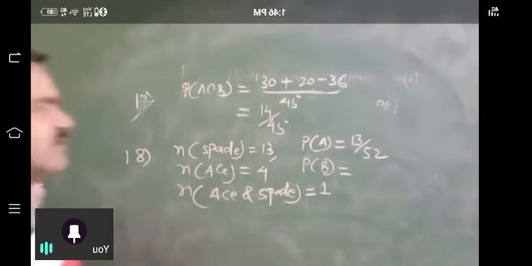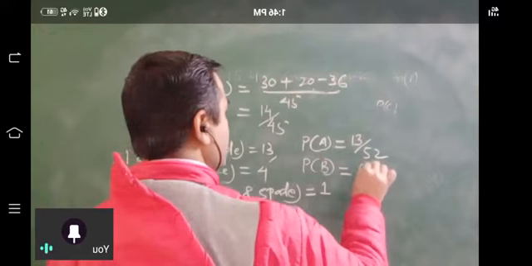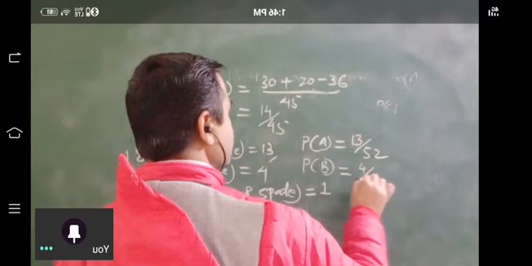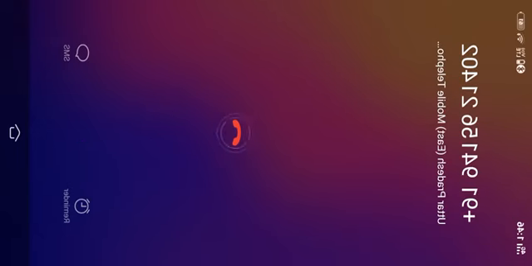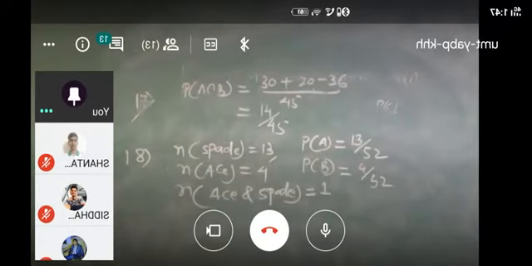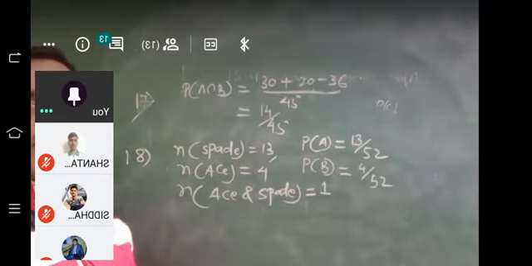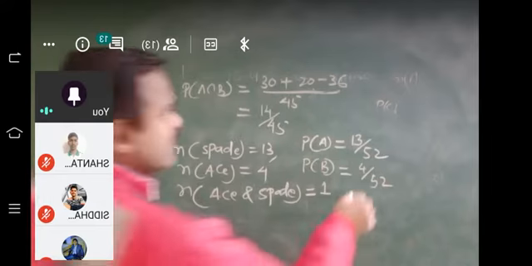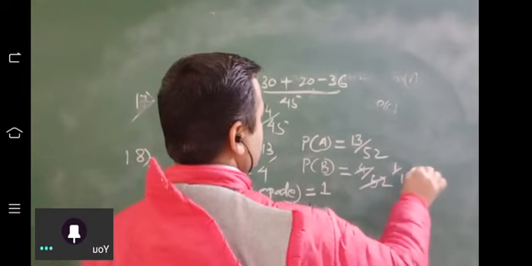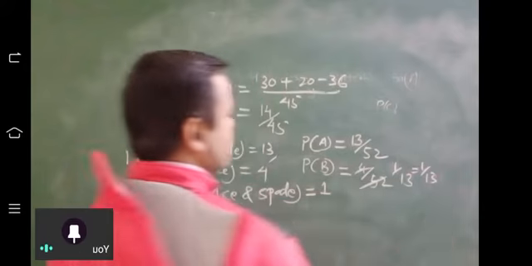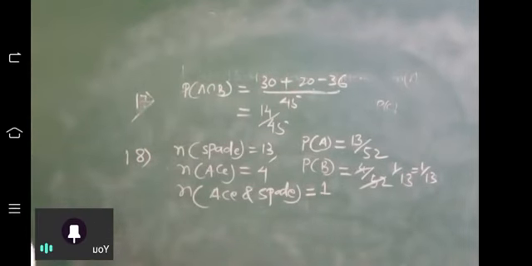Ace is 4, so 4 upon 52 is the answer. So this is equal to 1 by 13, the probability of this event.